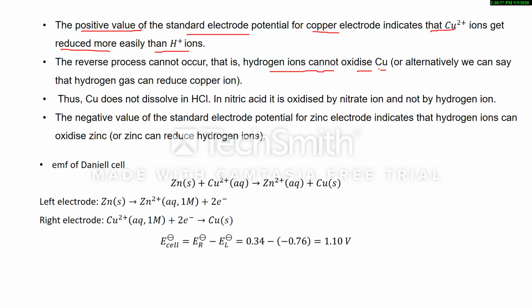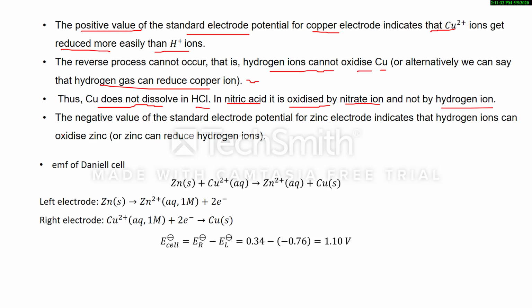Again remember, we already discussed that hydrogen gas is not liberated with copper metal. Is it clear? This can be explained on the basis of the positive value for the copper electrode, or we can say that hydrogen gas can reduce copper ion, but hydrogen ion cannot oxidize copper. Copper does not dissolve in HCl, but in nitric acid copper reacts, though hydrogen gas is not liberated. In that case it is oxidized by the nitrate ion and not by the hydrogen ion.